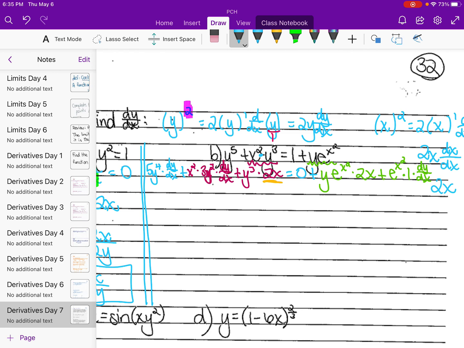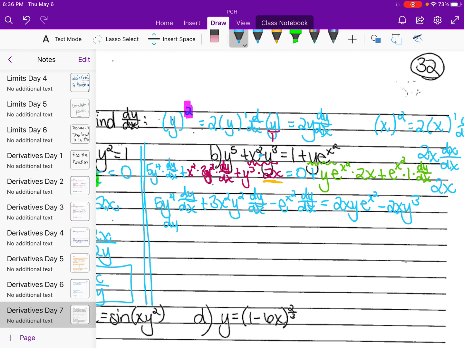All right, so I'm going to get all of the things that have a dy dx on one side. Let me see, did I get everything? Yep. And then all of the things that don't on the other side.